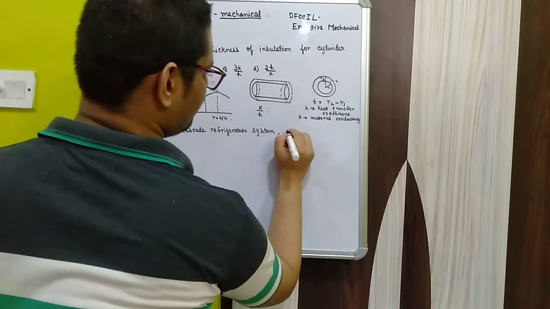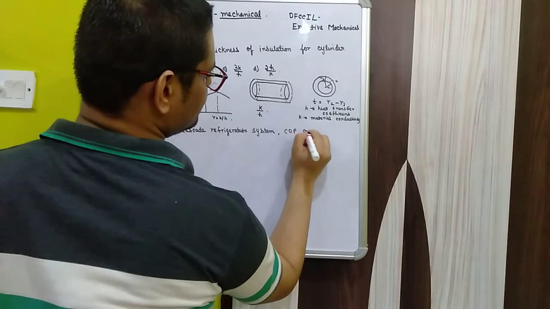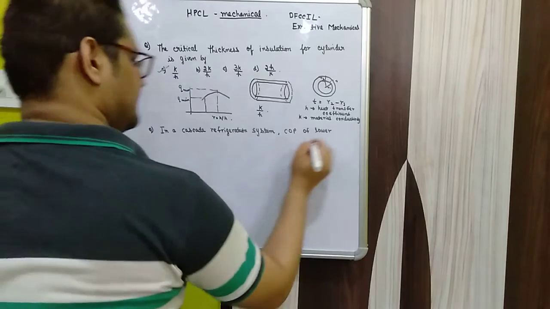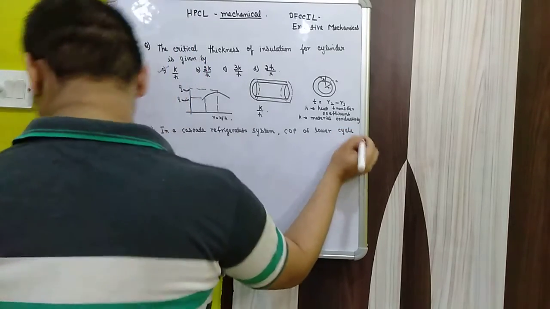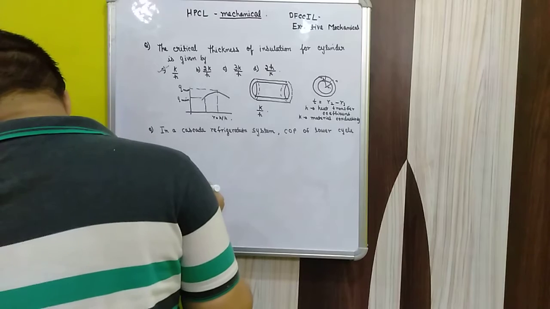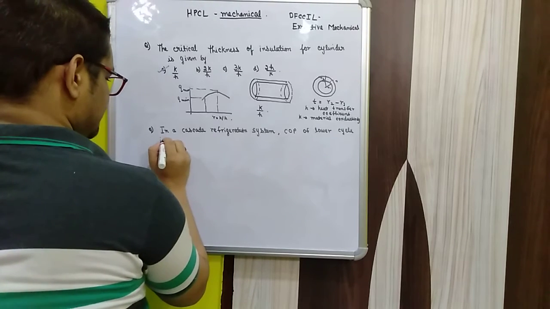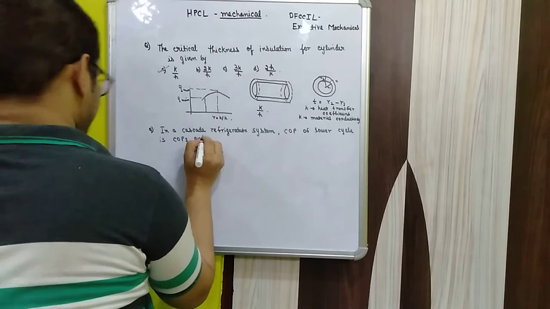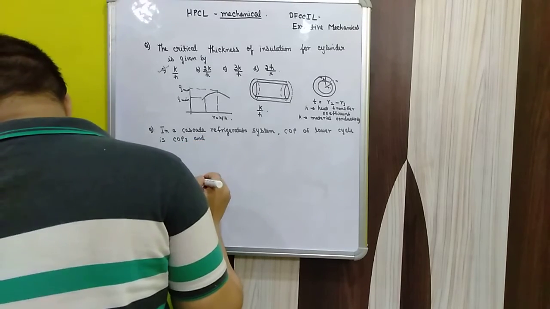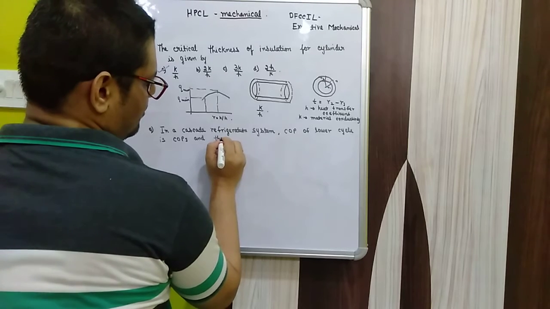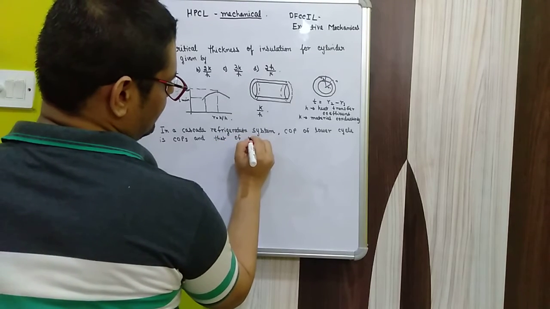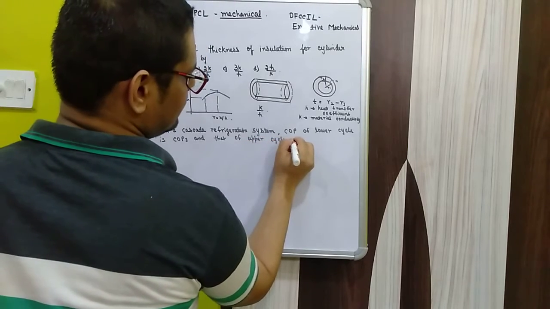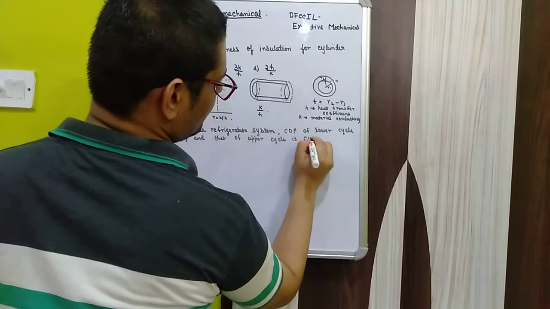The coefficient of performance of the lower cycle is COP1 and that of the upper cycle is COP2.